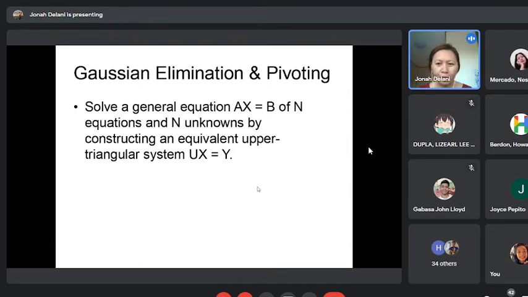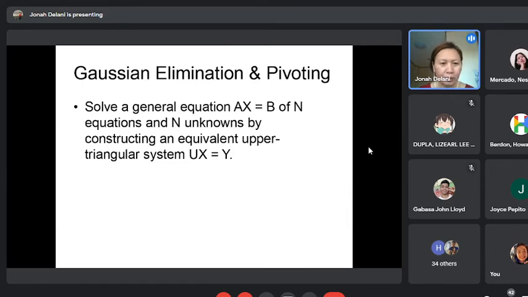the step before doing the back substitution, we will do Gaussian elimination and pivot. As katong sa algebra nato when we solve linear equations using elimination, kay pareha ra siya ginani.